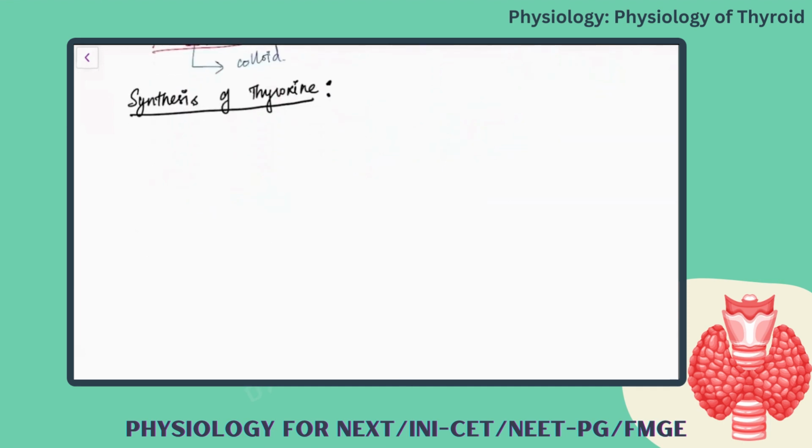So synthesis of thyroxine. Okay, now we are going to see the synthesis of thyroxine. This is to be considered because it is going to show the major significant function in our body. We are not seeing the synthesis of other hormones of the anterior pituitary, which we have seen so far. But for this thyroxine synthesis, we need the major raw source called iodine.